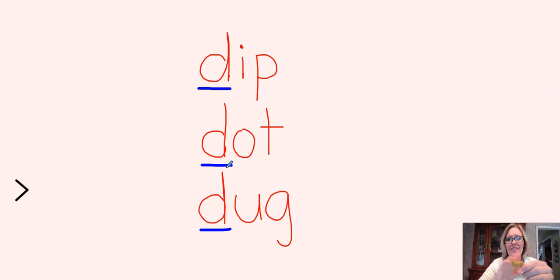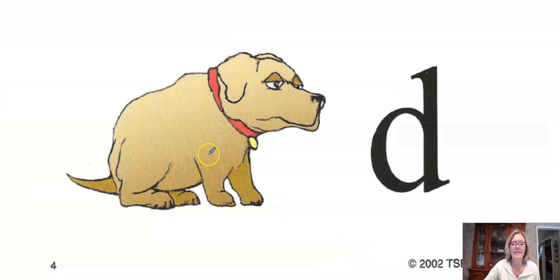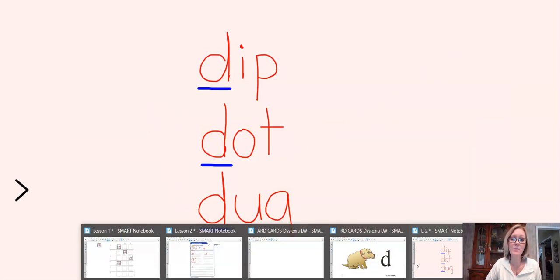Here, let me see if I can show it right here. Whoops, there it is. It's a dog. All right, so that's our new key word. And so we're going to come down here and look and see what it looks like. And dog, D.